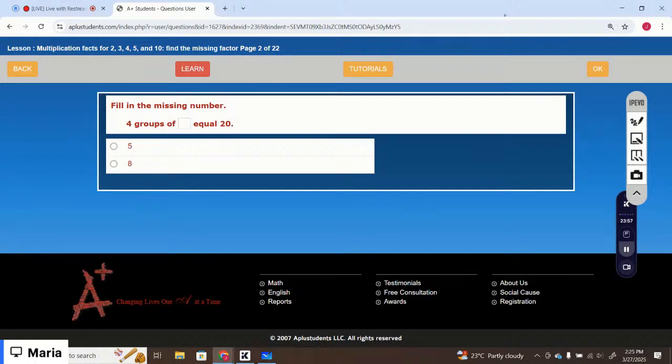Four times five is 20. Option number one is the correct option.